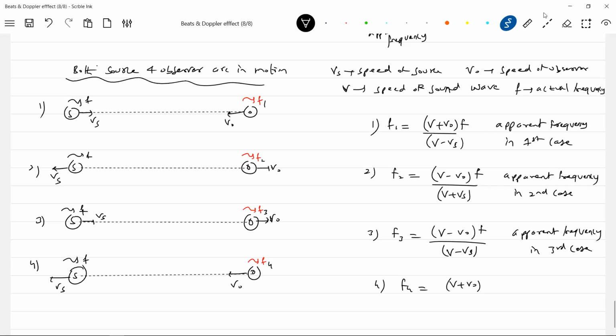F4 will be V plus V naught, source moving away, V plus Vs. Okay, got the idea, no? So like this, we can calculate the apparent frequencies.